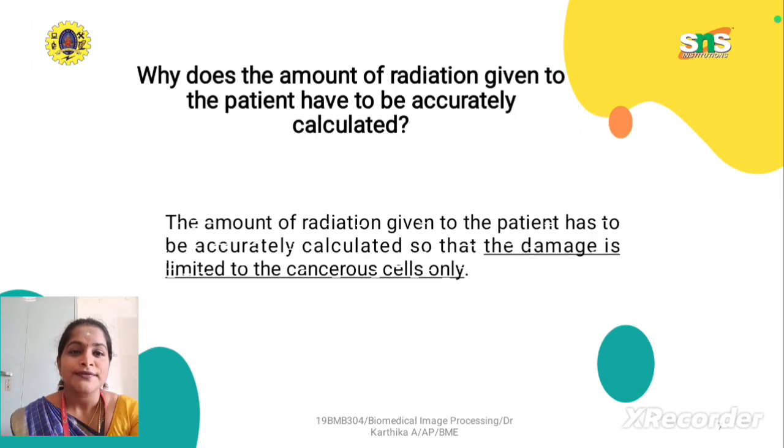Here, the amount of radiation given to the patient has to be accurately calculated so that the damage is limited to the cancerous cells only. First, we have to analyze the type of tumor, size of tumor, and the position where the tumor is located. Based on these three elements, we can fix the amount of radiation given to a particular patient.